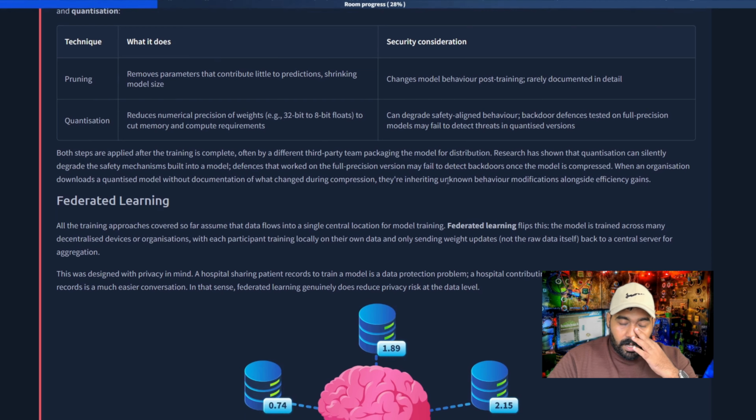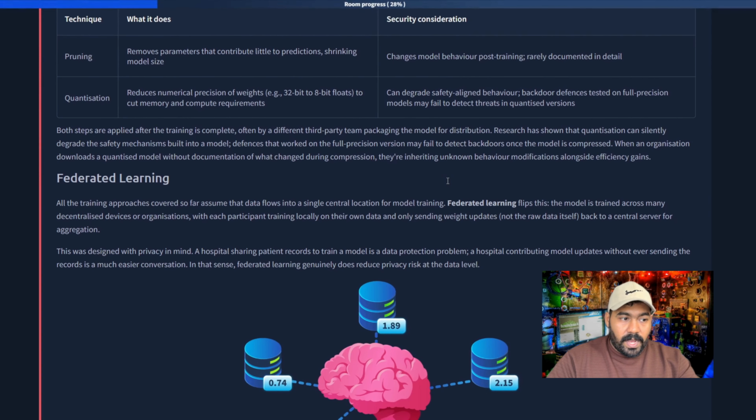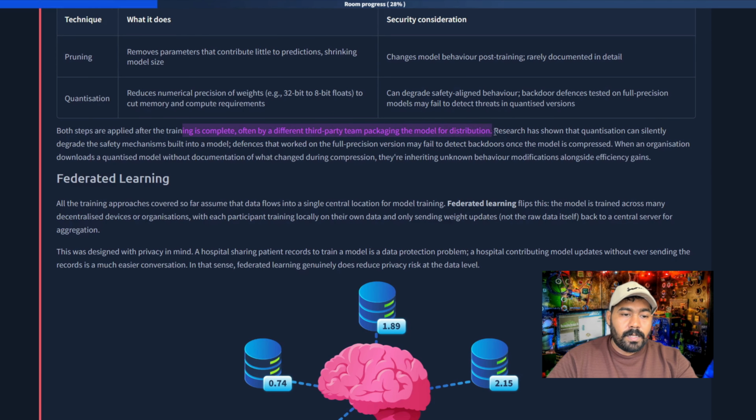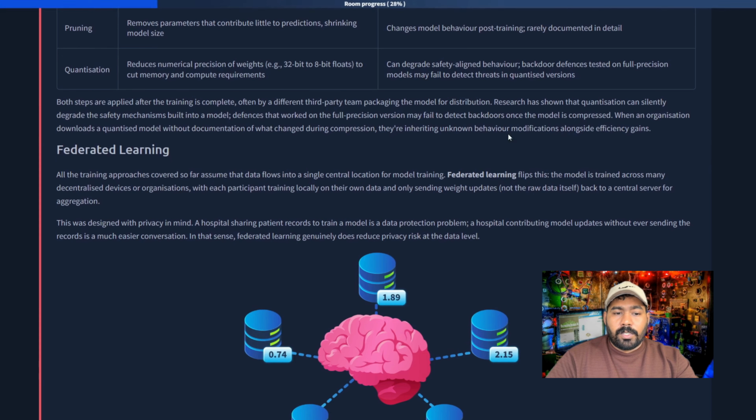Okay, here it is explaining why this matters. Both steps are applied after the training is completed, often by a different third party, the team packaging the model for distribution. Research has shown that quantization can silently degrade the safety mechanisms built into the model.